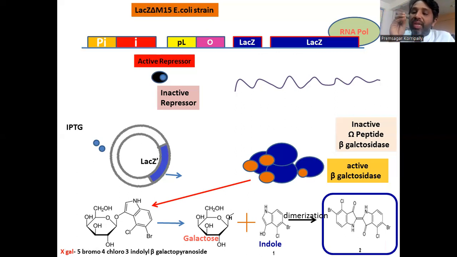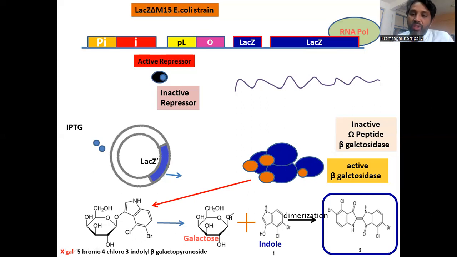This is the basis of alpha complementation: reconstitution of functional tetrameric beta-galactosidase with the alpha peptide from the vector and the omega peptide from the lacZ genome, forming active beta-galactosidase. This is called alpha complementation.